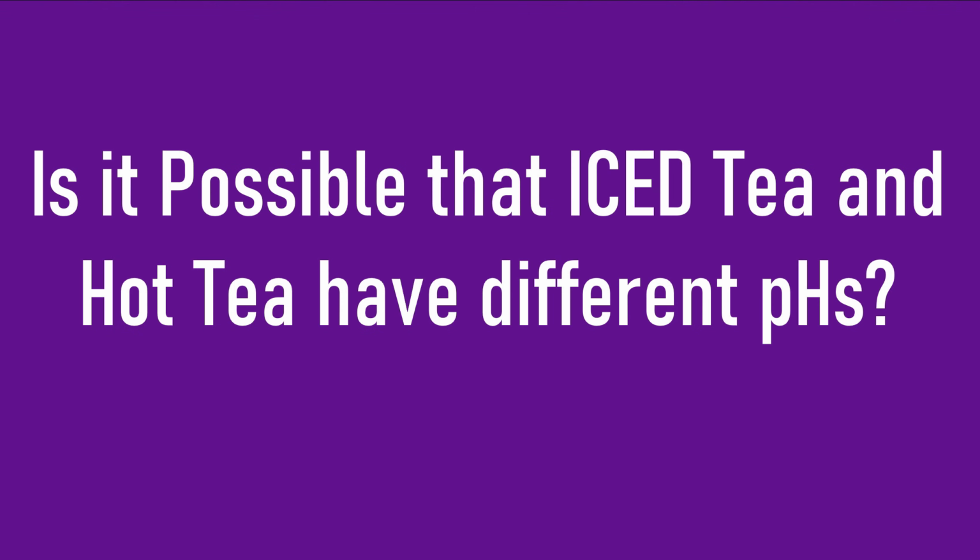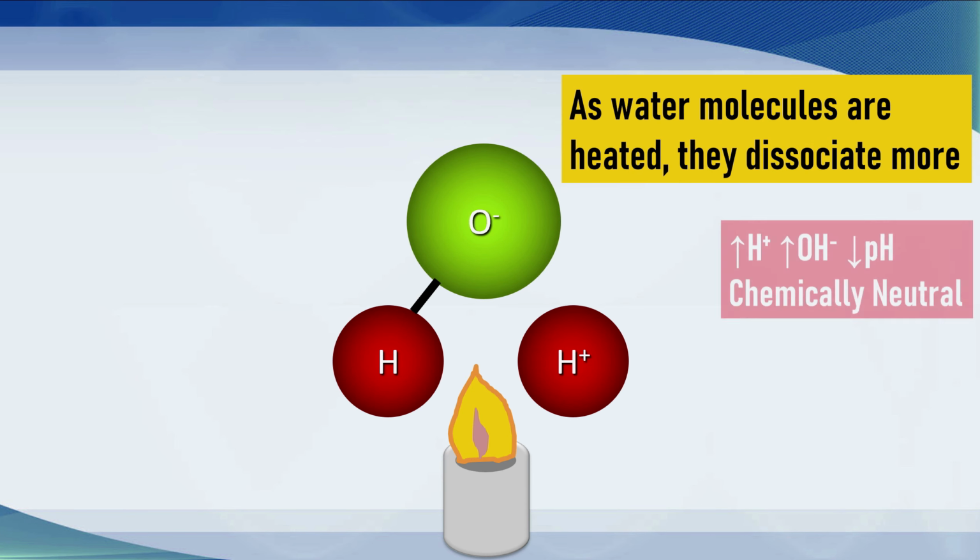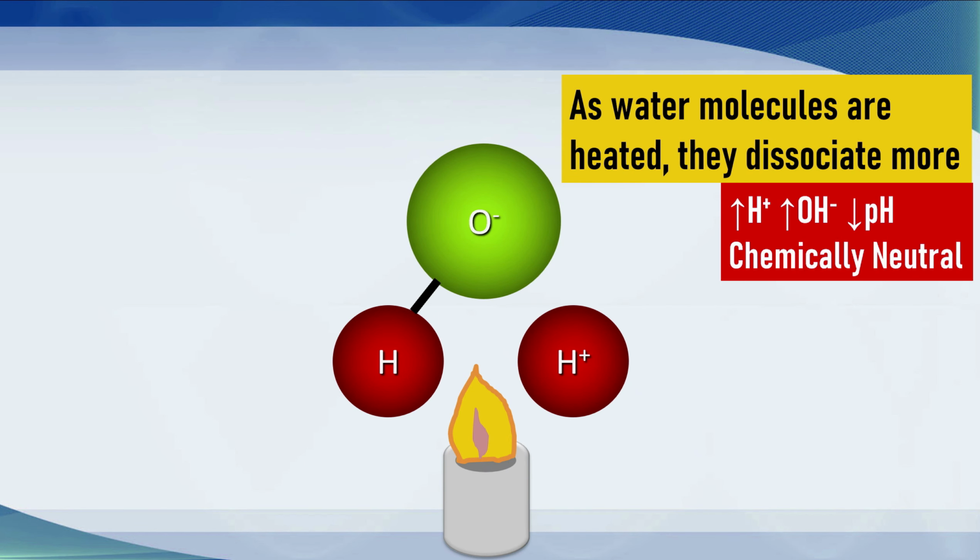Is it possible that iced tea and hot tea have different pHs? Absolutely they do. If you heat water molecules, they dissociate more. And so you get an increase in the hydrogen ion activity and the hydroxyl ion activity, and the pH as you measure it will fall.